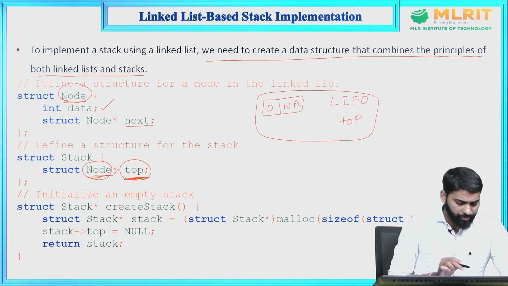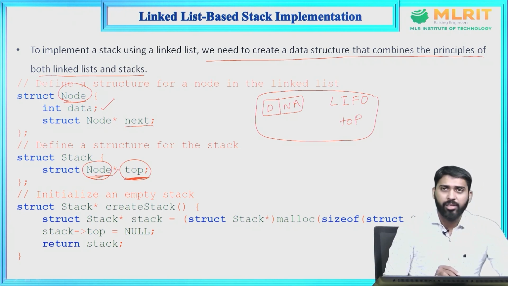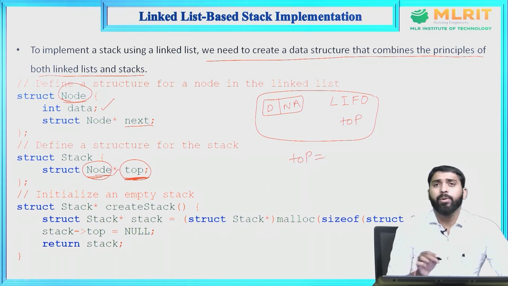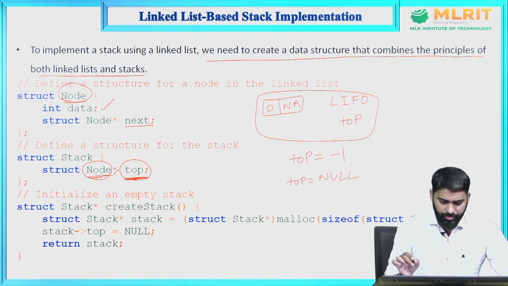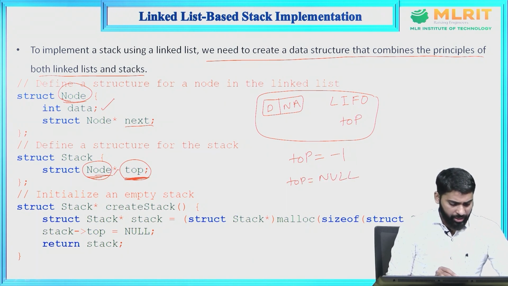Okay, now create stack. What is the initial value of top when we implement stack using array? It is -1. When we implement stack using linked list, the initial value of top equals null. So this is the create stack function.